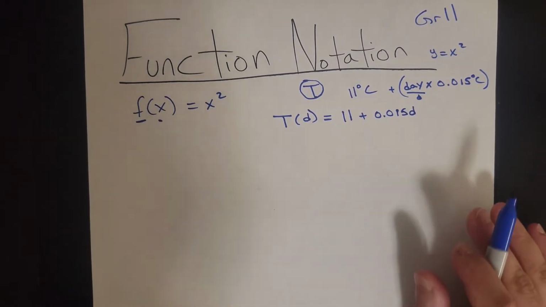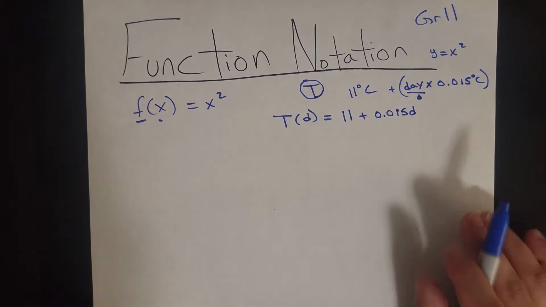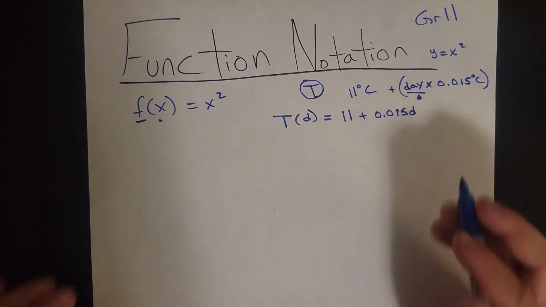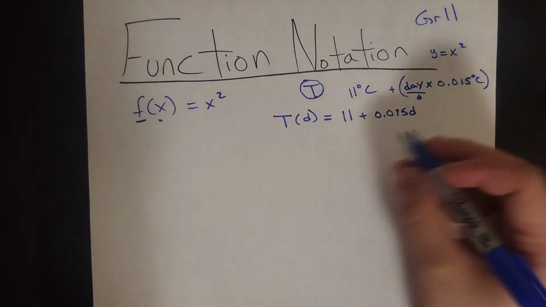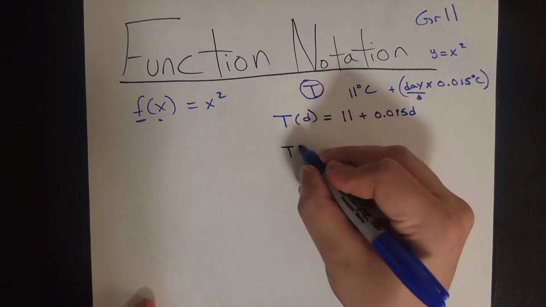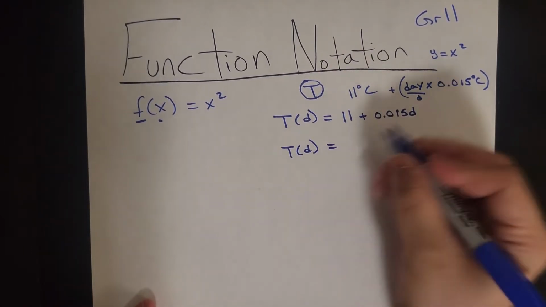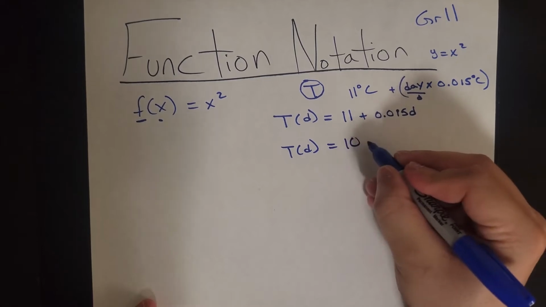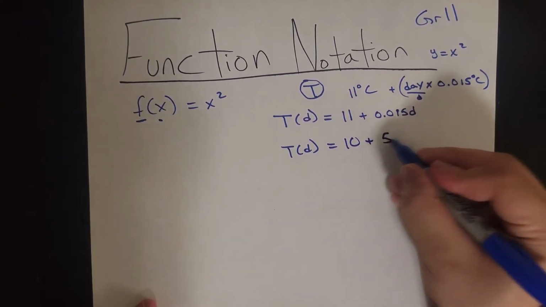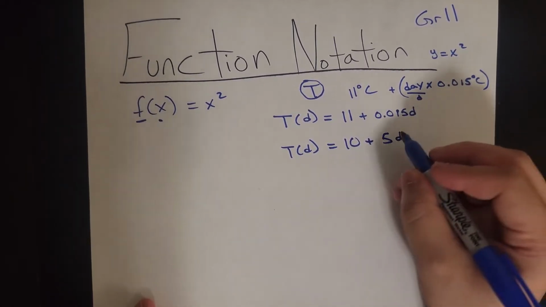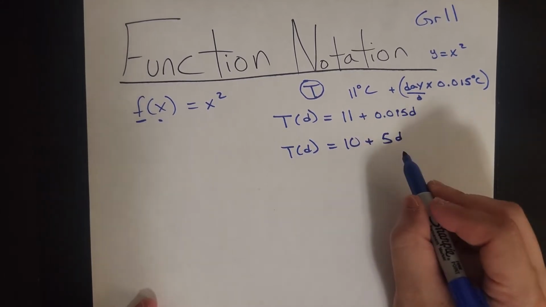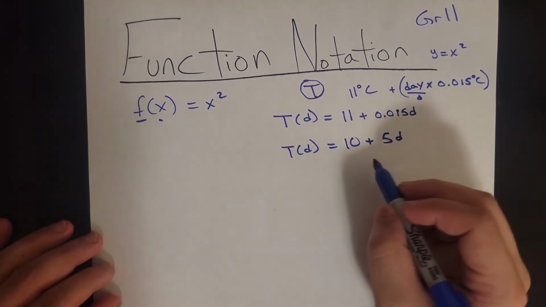So, let's just change this slightly. Instead of saying this, let's make it easier, 10 plus 5d. That way we can easily map this out.